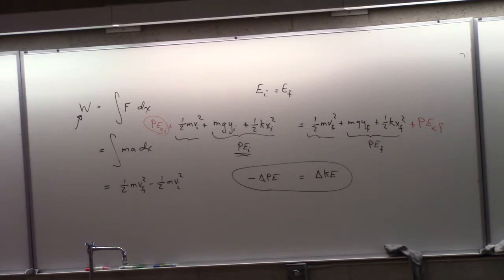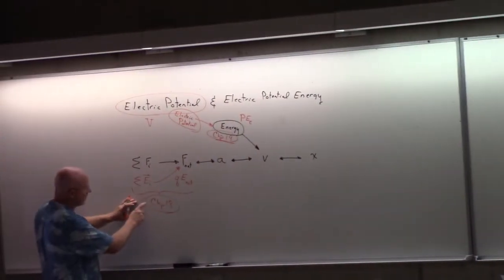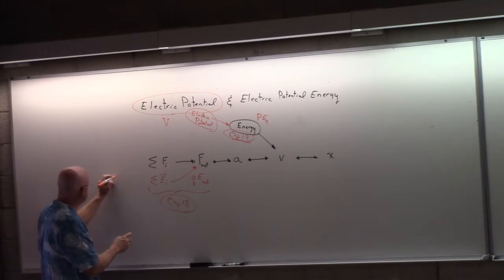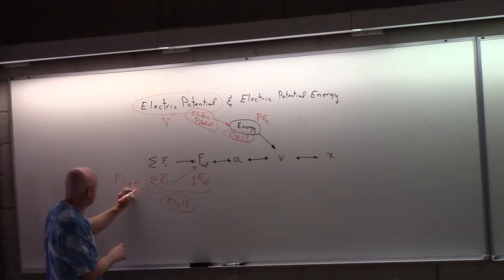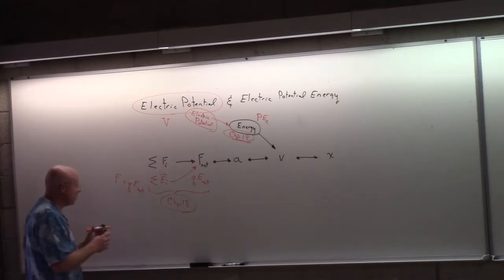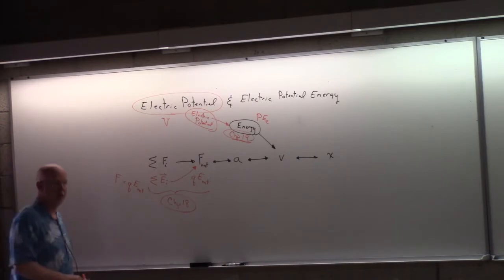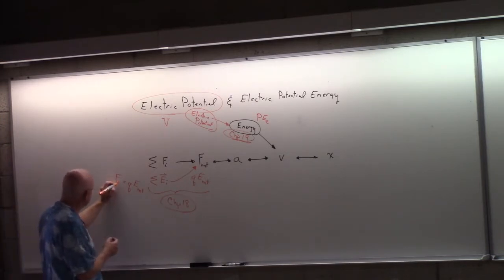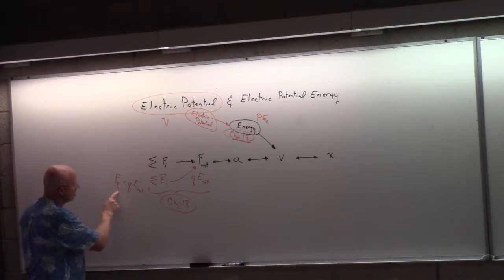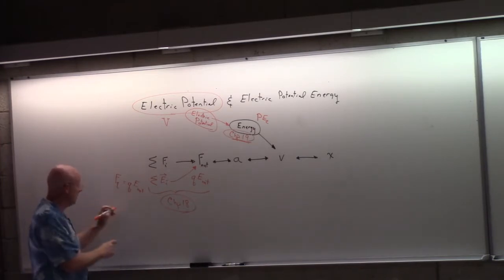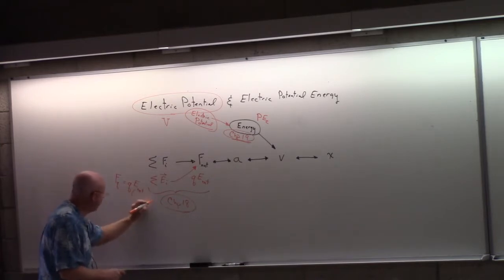Because just like back here in chapter 18, where we said you can get the force by taking charge Q and multiplying it by the electric field that's created by other charges. Sometimes I like to say the force on charge Q is equal to that charge Q times the electric field from other Q's.